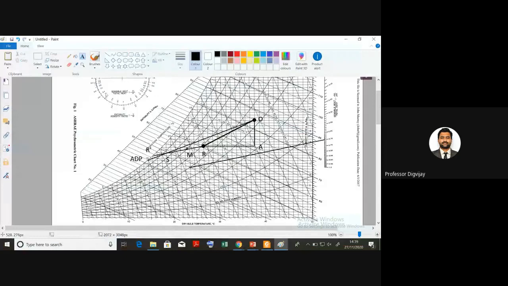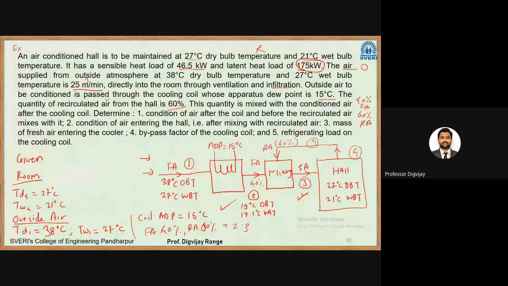Now what else is asked here? The mass of fresh air entering the cooler, that is remaining, and the bypass factor of the cooling coil. This is very easy to calculate.